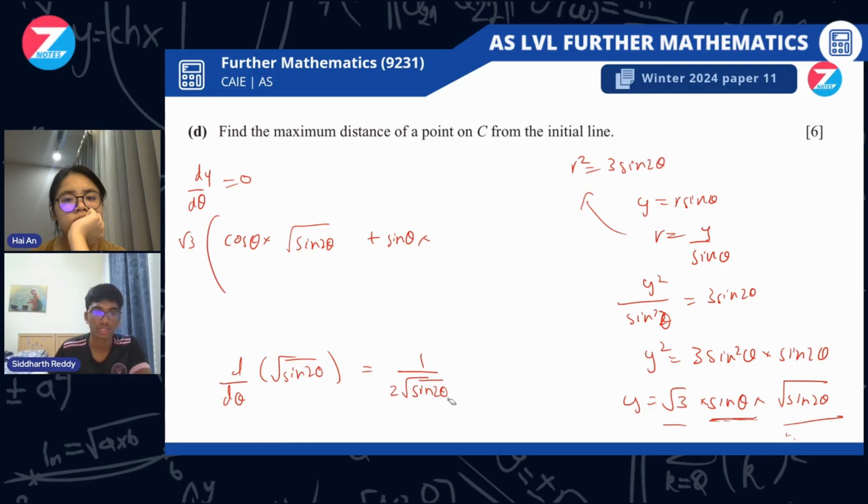Now following the chain rule, we differentiate what's inside also. So the derivative of sine 2 theta will be cos 2 theta, and again differentiate the inside of cos 2 theta, so we get 2. This 2 cancels, so we're left with cos 2 theta by root sine 2 theta.